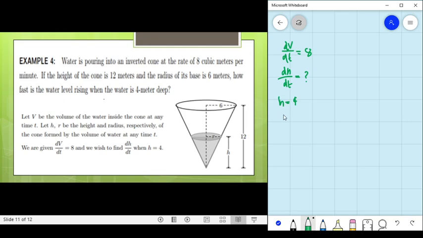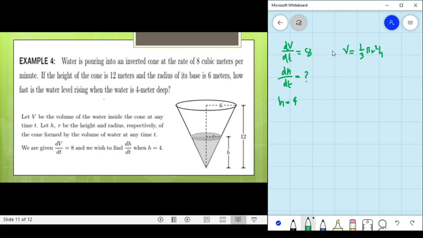Okay. So now, the formula we will use is 1/3 pi r squared times height. That is the formula for finding the volume of a cone. It's 1/3 of the volume of the cylinder.